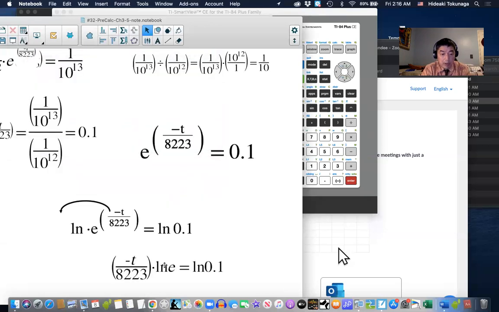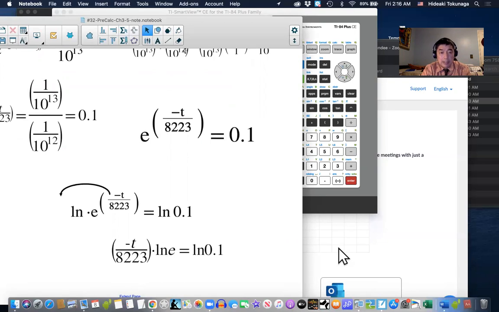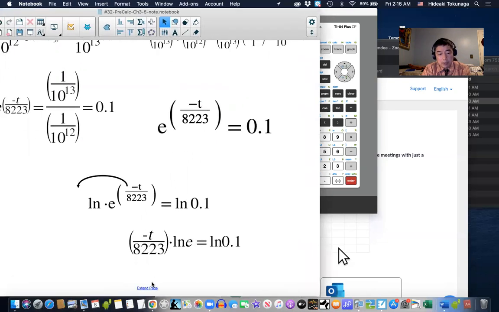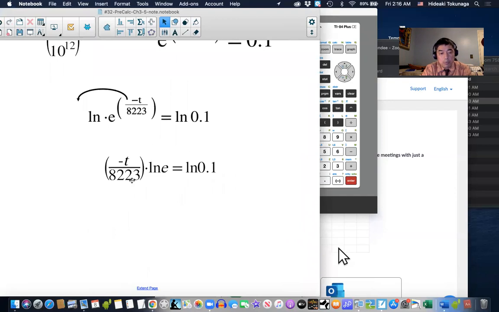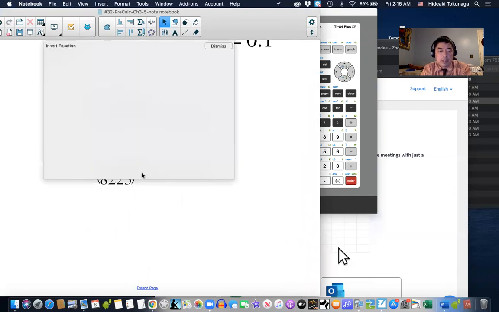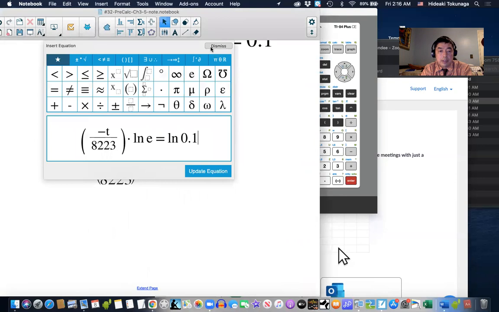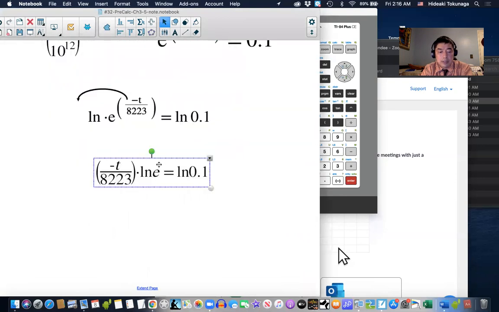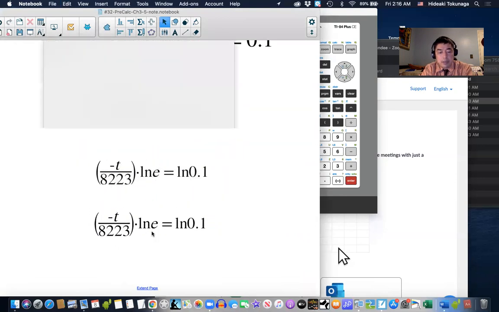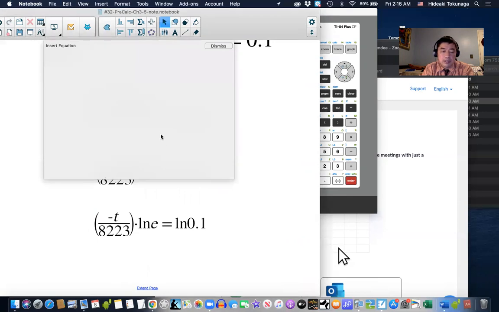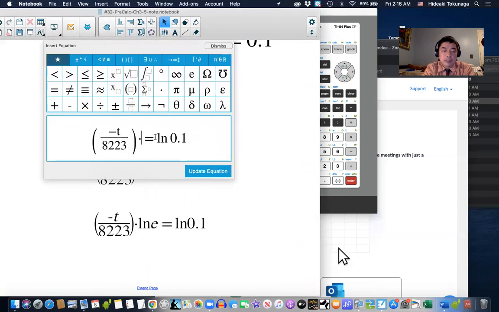This will be one, because log base E of E is one. So I will erase this one, it becomes one, so I will just cancel it out.